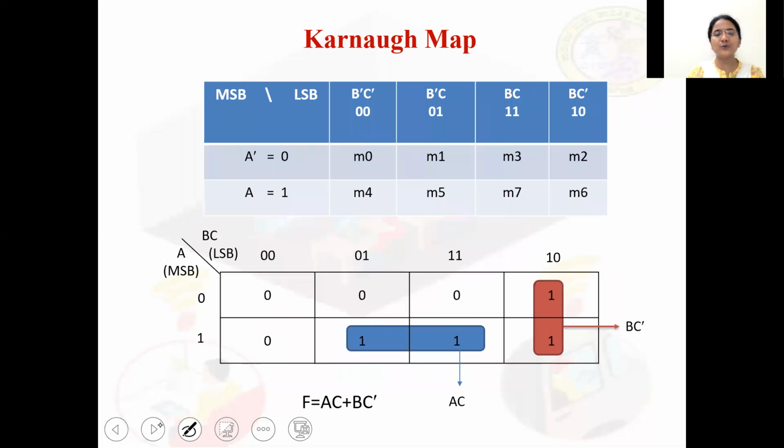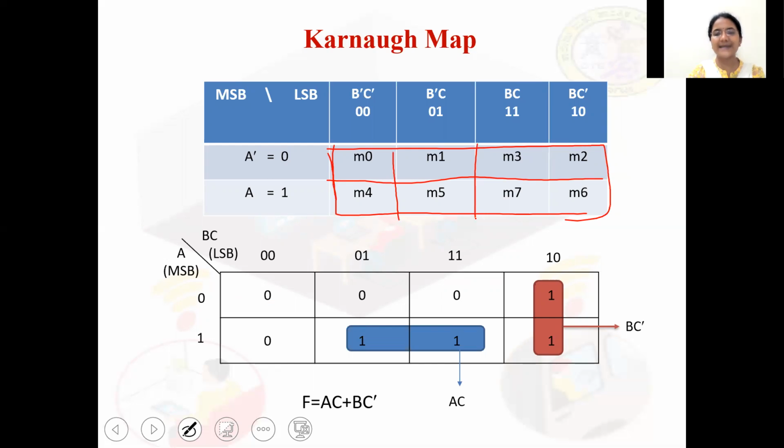Next, the same truth table is arranged in the form of a rectangular diagram, and we are entering the minterms in the squares, which is a 3 variable function. The rectangular diagram is divided into how many squares? 8 squares. Here A is 0 and here 1.